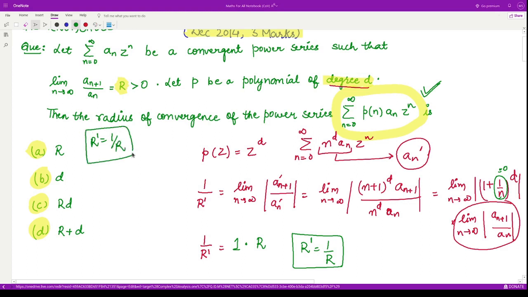But in the CSIR NET answer keys, they have given option A as the correct option, but according to me, the radius of convergence for this newly created power series would be 1 by r. So I have an ambiguity of answer in this question, but accordingly this is the radius of convergence for the given series.